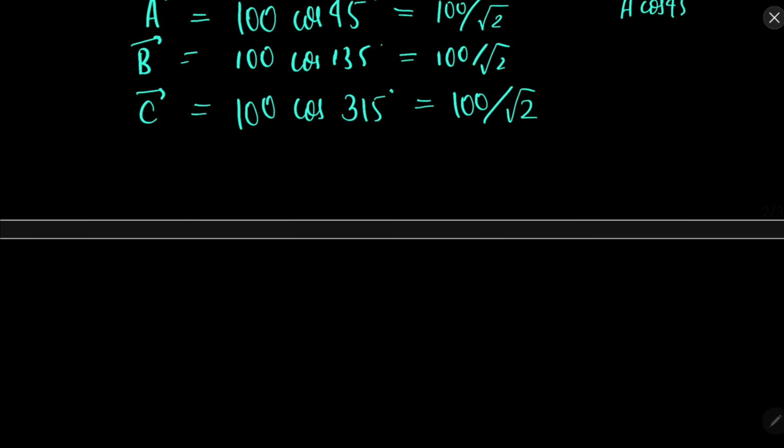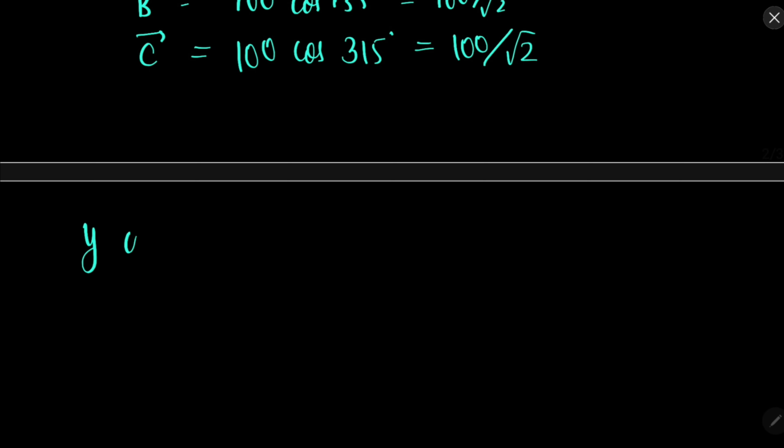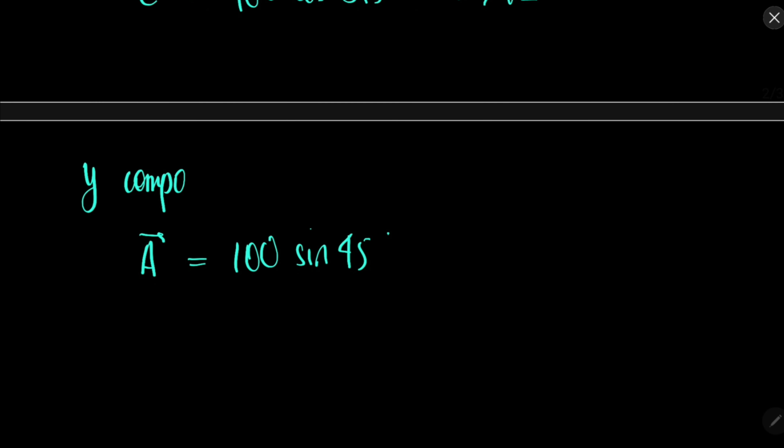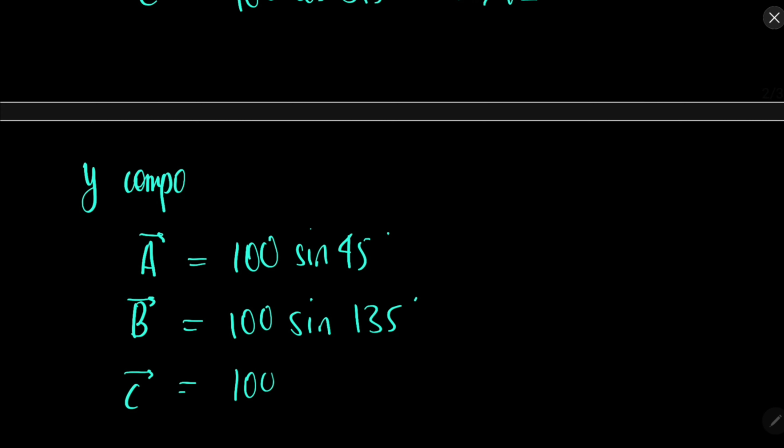Similarly, let's try to find the y components. The y component for the A vector will be 100 sin 45 degrees. Again look here, the y component is A sin 45, that is 100 sin 45, the B vector 100 sin 135, the C vector 100 sin 315 degrees.